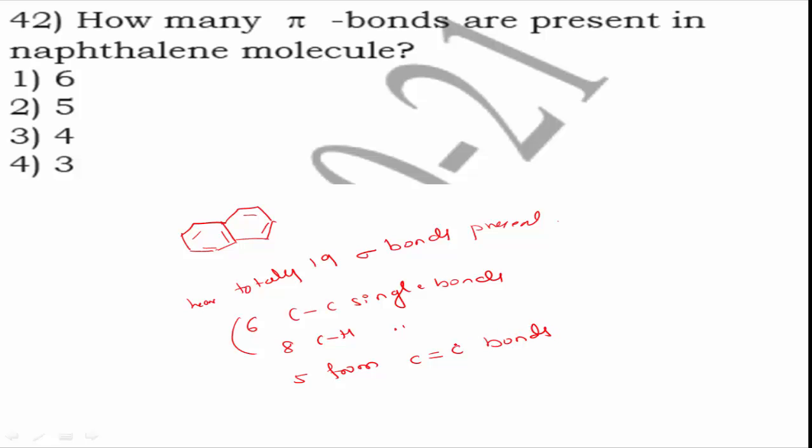We know a double bond contains one sigma and one pi, so there are also 5 pi bonds. Therefore, the number of pi bonds present in a naphthalene molecule is 5. The correct answer for this question is option 2.